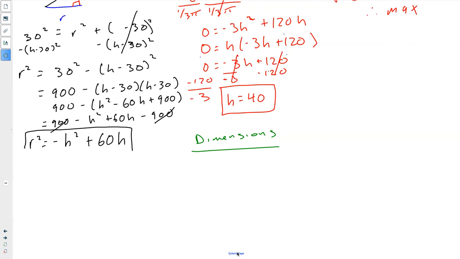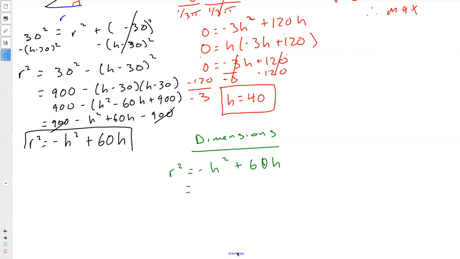Okay, so if we go back to our r squared is equal to negative h squared plus 60h, we can solve for our r because we know our h value, right?